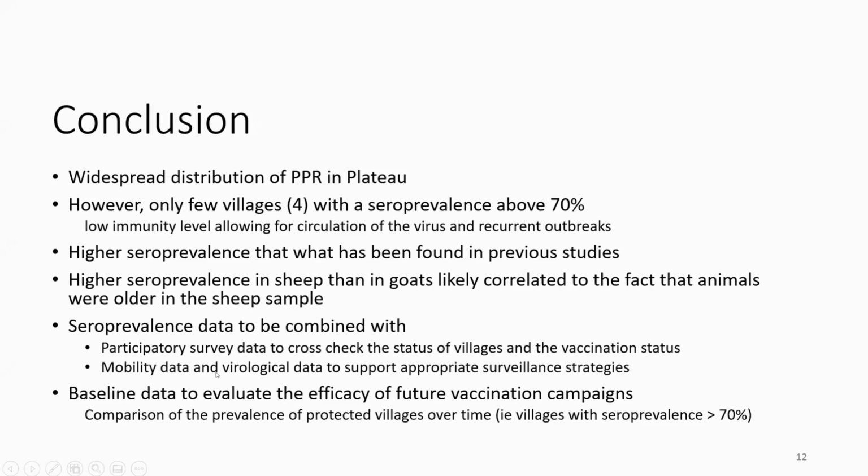Mobility data and biological data to support appropriate surveillance should also be collected, along with baseline data to evaluate the efficacy of future vaccination campaigns. So the whole of this research will serve as baseline data, especially considering the OIE FAO bulletin of 2015 on the global eradication strategy for PPR. I would say that this research will provide baseline information on the status of PPR in Plateau State. Thank you very much for listening.